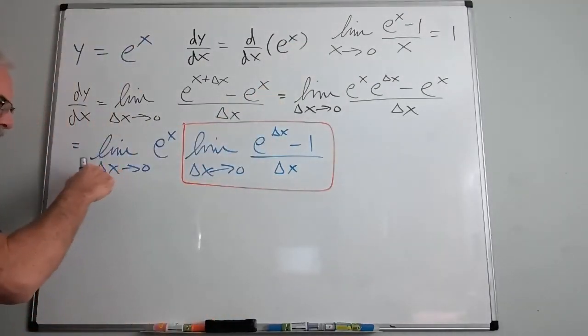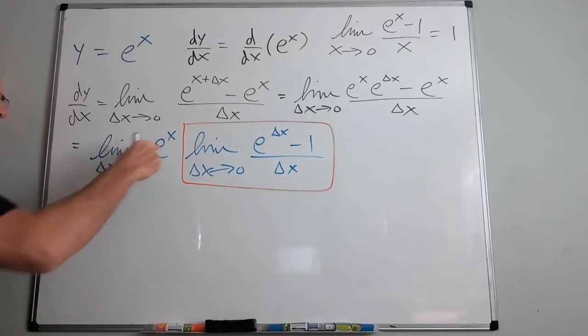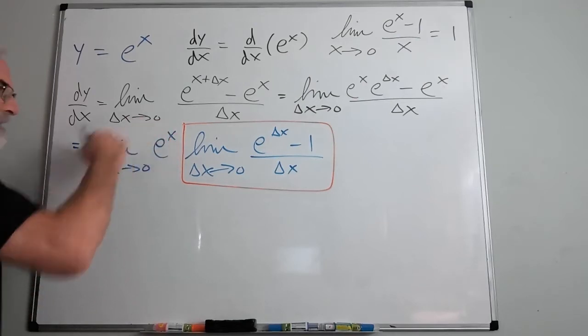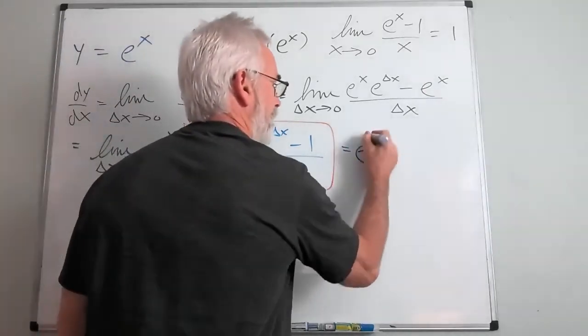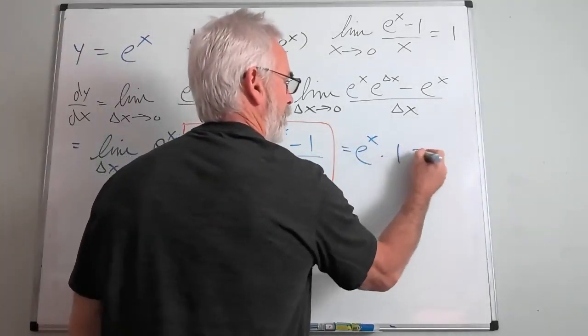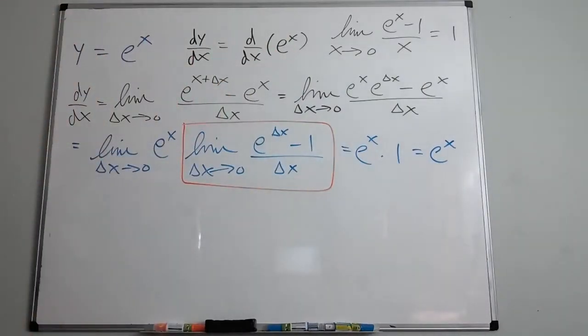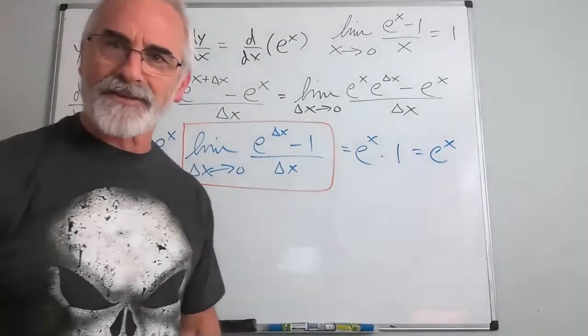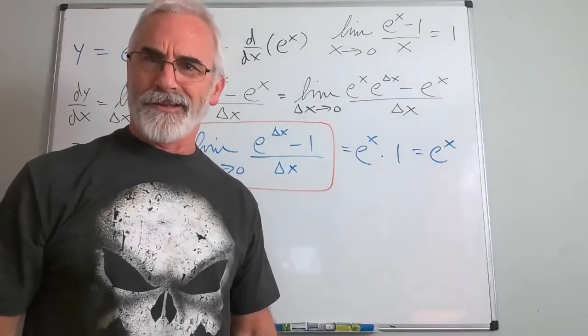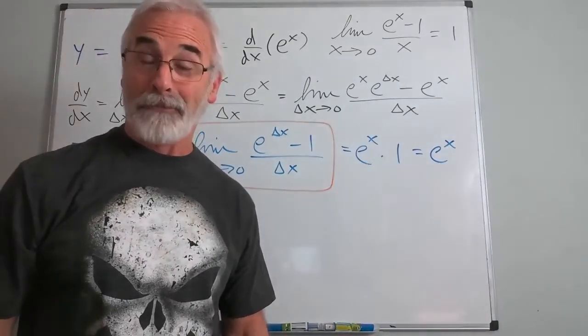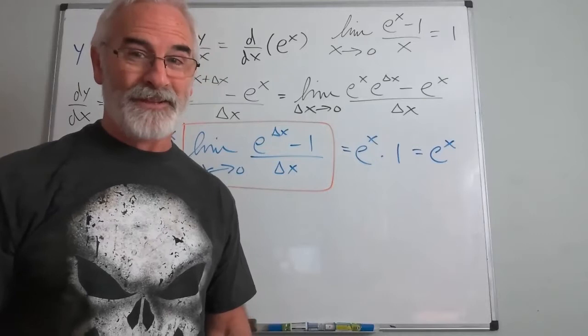What's this? Well, as delta x goes to 0, what's happening to e to the x? Nothing. There's no delta x here. This is just e to the x. So this is e to the x times 1. Whoa. So the derivative of e to the x is e to the x. Oh, that's kind of cool.